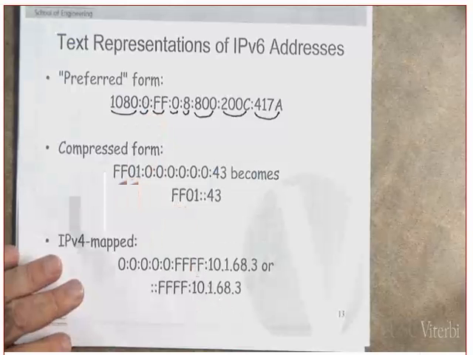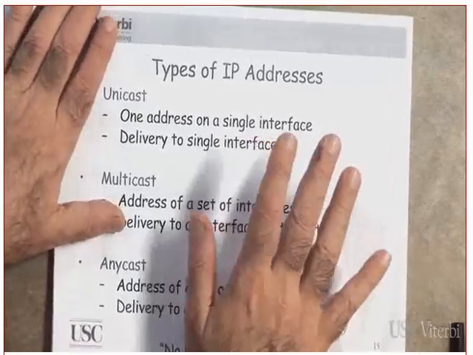Where is the global unicast? It starts with 001. How do you represent it?